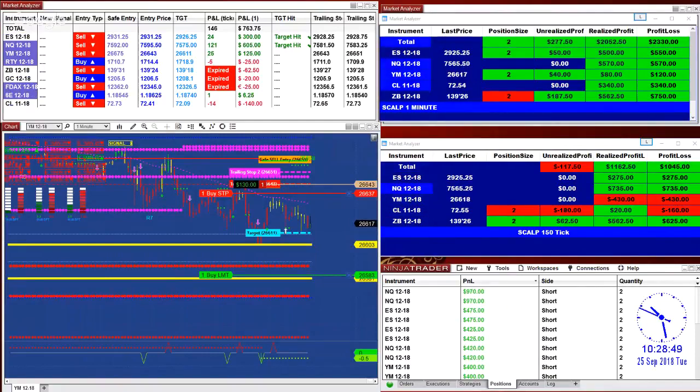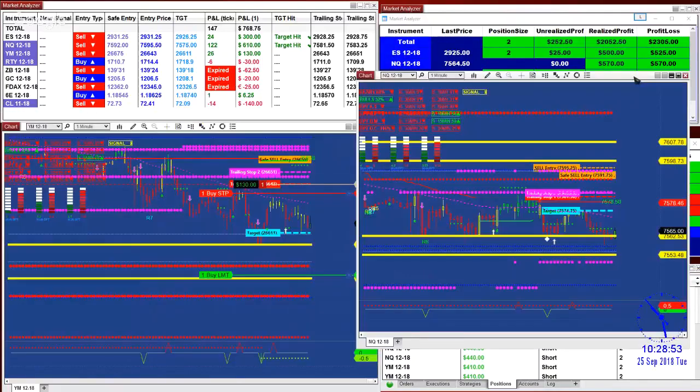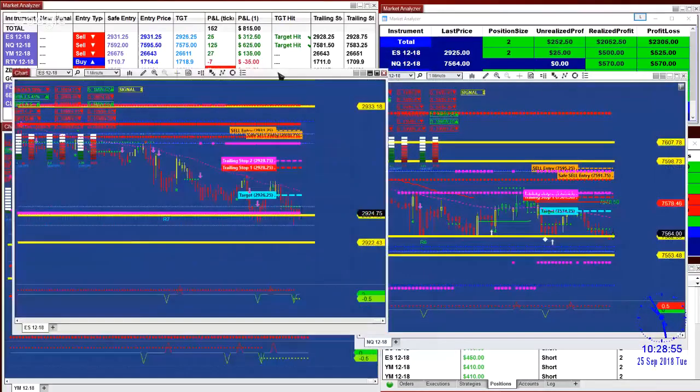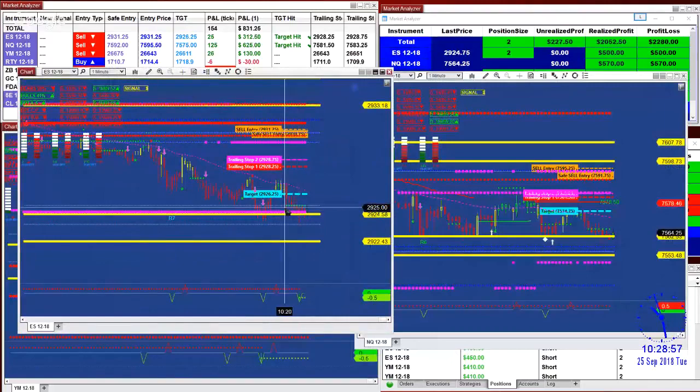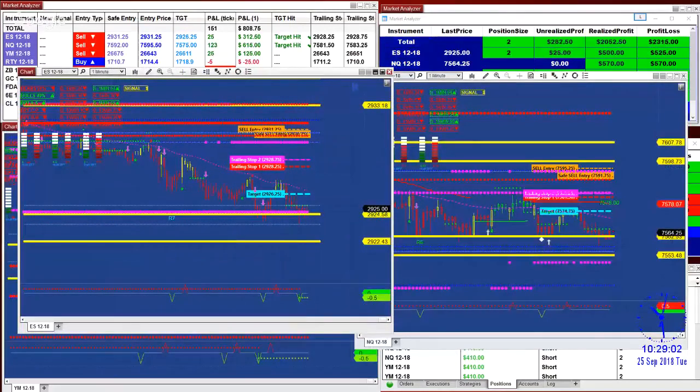Let me go back on the ES story and the Nasdaq. That's why we told you not to trade it. Look at this. There is nothing. This is where, sadly, if you are auto trading, you will be losing money.